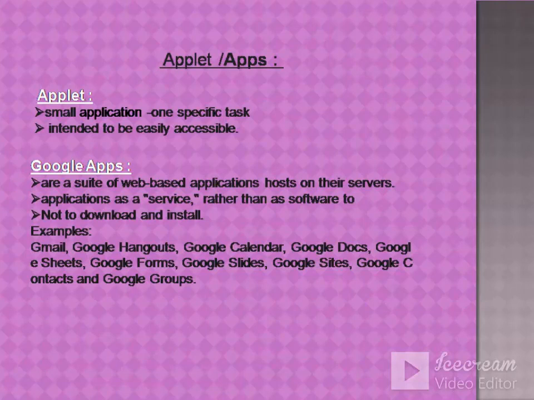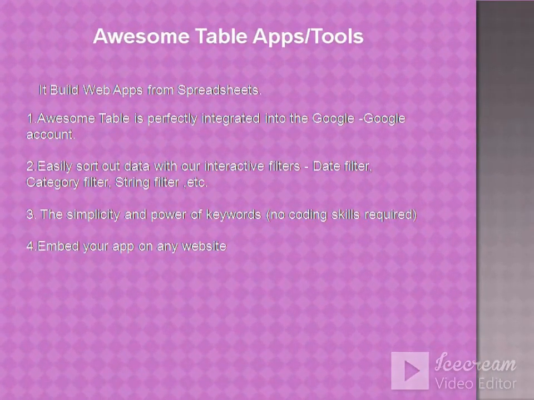Google provides this application as a service rather than as software to purchase and install. There are a number of examples like Gmail, Google Hangouts, Google Calendar, Google Docs, Google Sheets, Google Forms, Google Slides, Google Sites, Google Contacts and Groups.